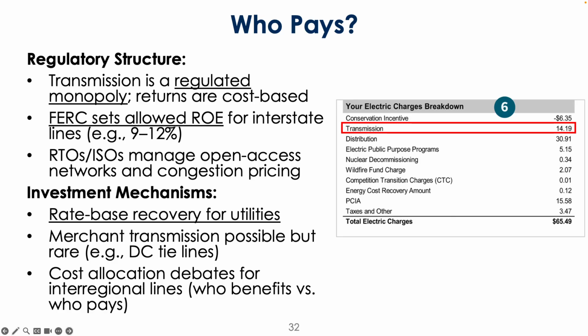And so cost allocation, and who pays versus who gets the benefits, can be tricky when we're thinking about the transmission system, right? At the end of the day, everyone should get the electricity, but who pays can vary, yeah.